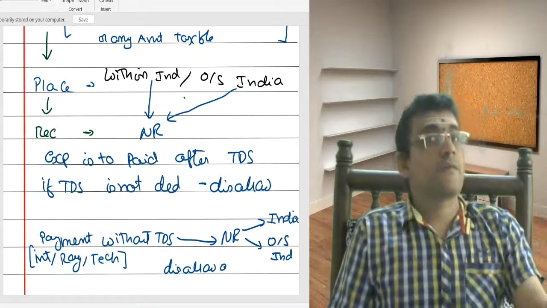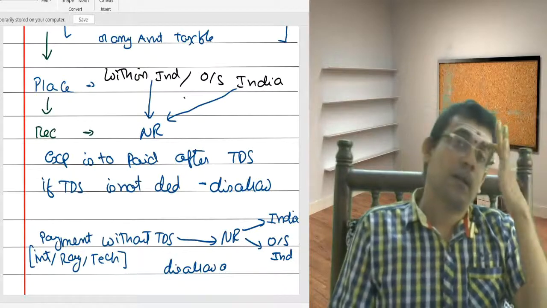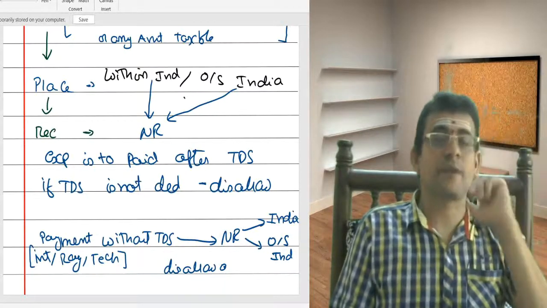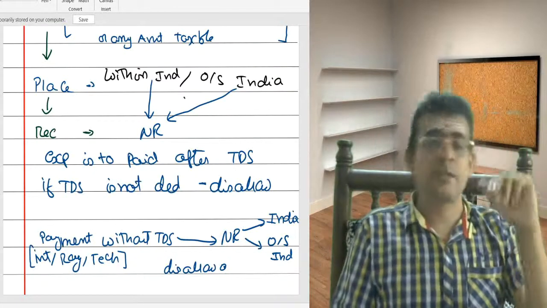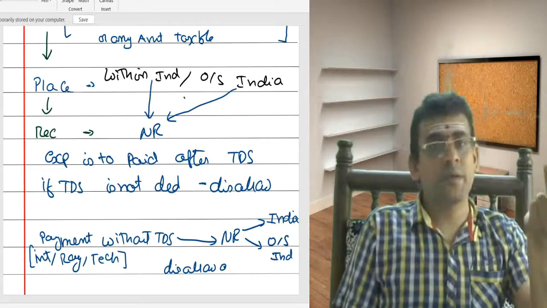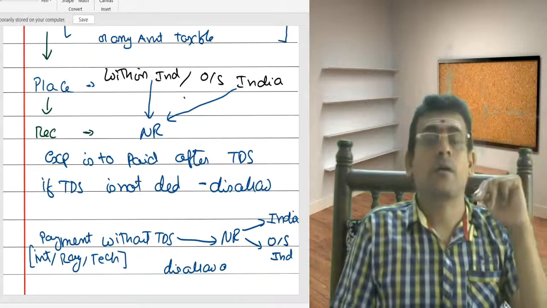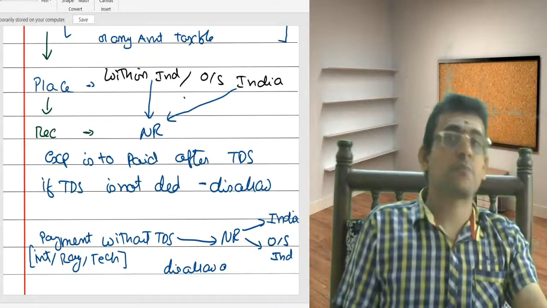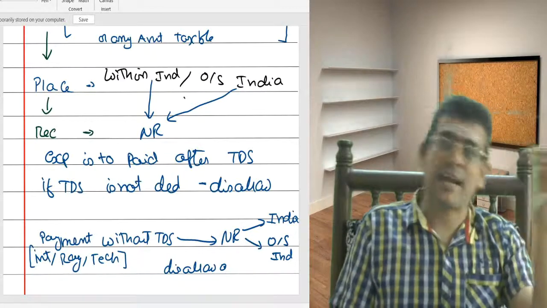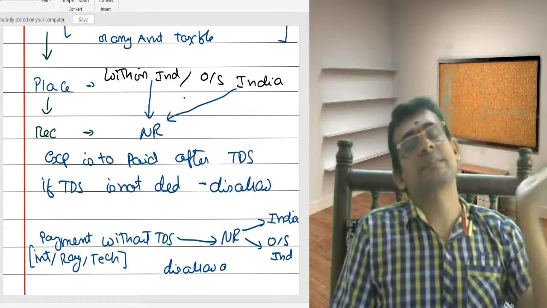Now, even that assessee in default, until and unless your default is rectified. To rectify your default, either you should be deducting the tax, or the recipient has paid the tax on that income. So if the recipient has paid the tax on that income, ultimately I will call the default rectified.